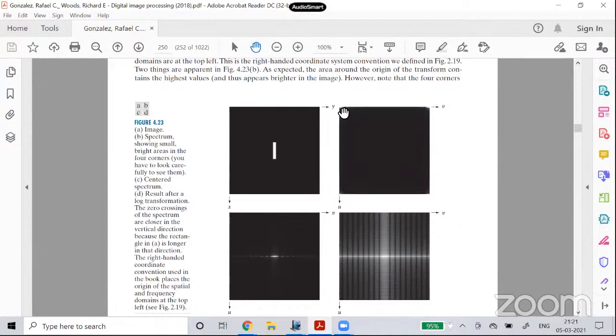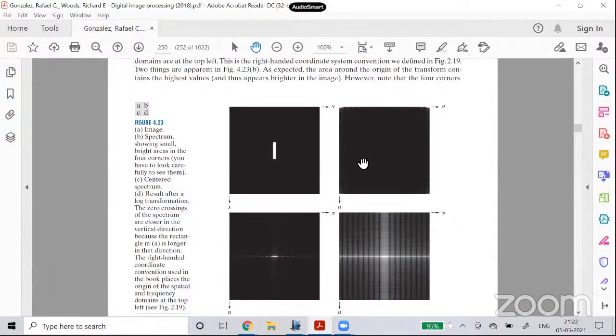Up here you can see some white pixels. That is actually the spectrum. In general, what is done is this interesting part, which is up here, is shifted to bring it to the center. So this is where the action is happening. So some shifting, translation, is done to bring that here. We'll talk about that in a moment, how to bring something that's at these corners to the center.